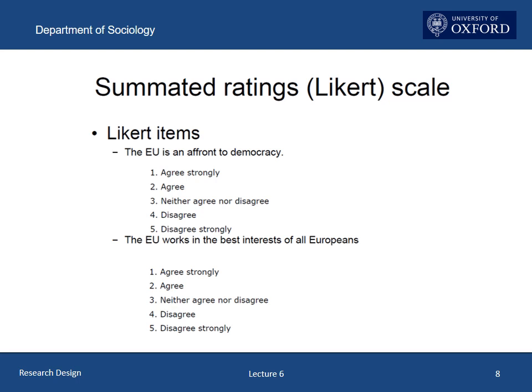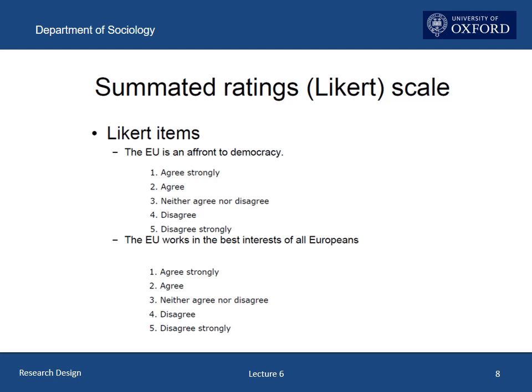By far the most common method of producing a scale in modern social survey research is to use so-called Likert items. These consist of a statement such as, for example, "The EU works in the best interests of all Europeans."